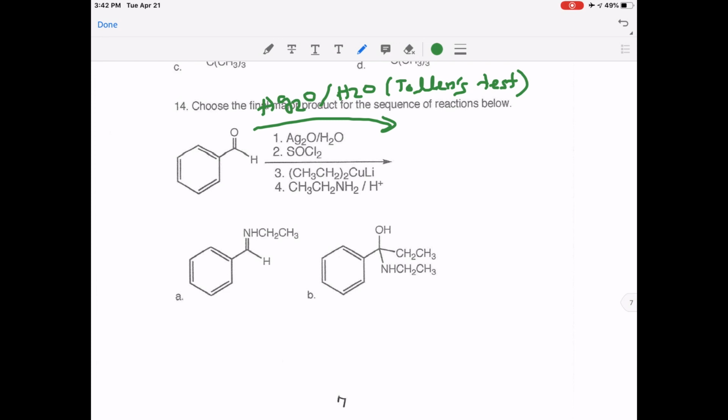So if we apply this, then this aldehyde right here is going to convert to a carboxylic acid. So that's the first step.